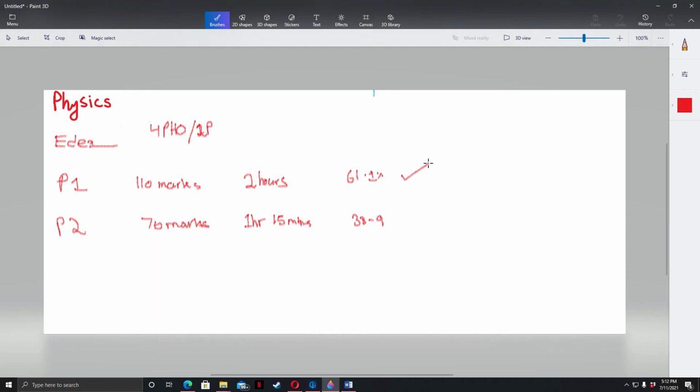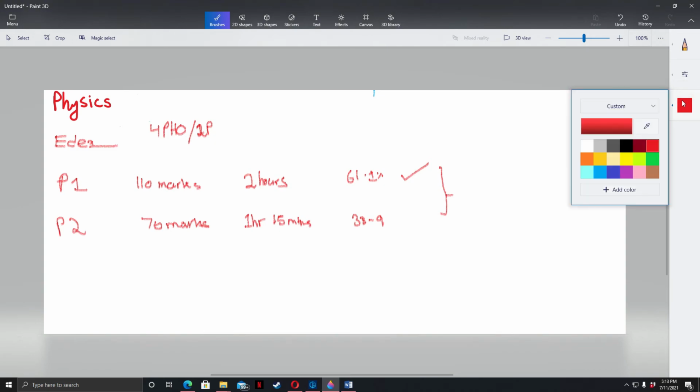Both are important, but if you compare the percentages, P1 is definitely more important. Experimental technique type questions can also be asked in both of these exams, a very rare chance, but it's possible. So we will have to cover the units and measurements chapter as well for the ATP based questions.